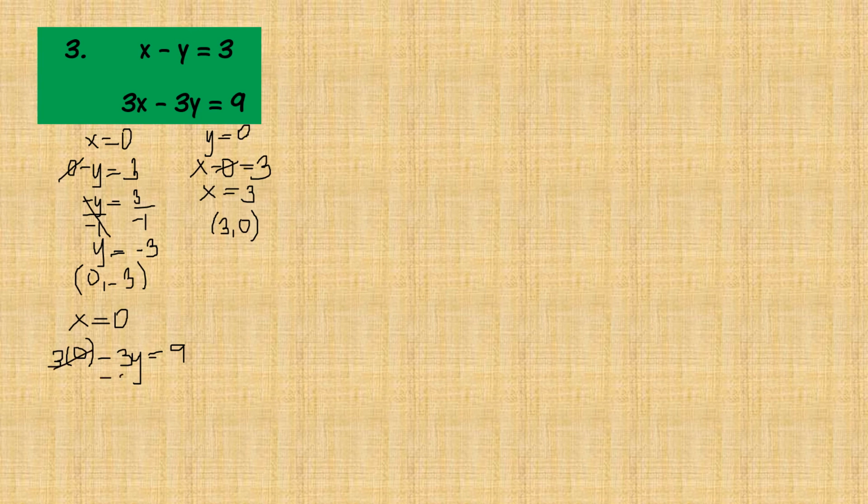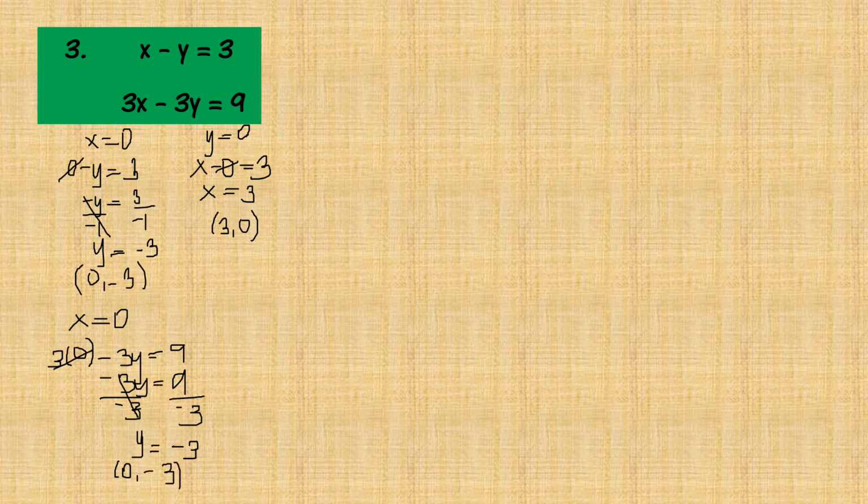Then, ang naiwan is negative 3y is equal to 9. Then, para makuha yung value ng ating y, let's divide both sides by negative 3. Y is equal to 9 divided by negative 3 will give us negative 3. So, yung ating ordered pair dyan ay simply 0 and negative 3.